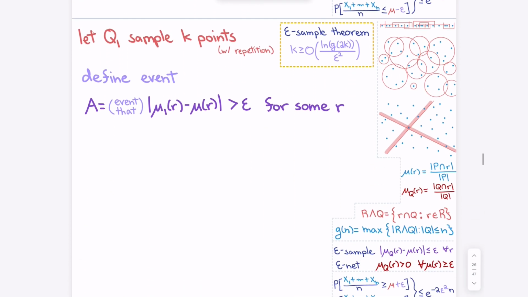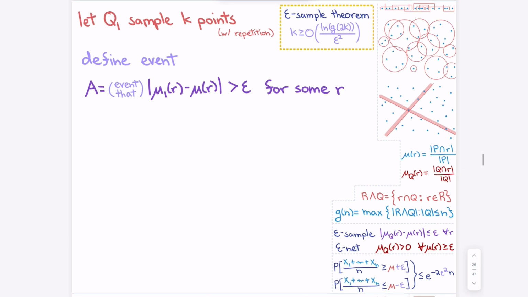So here's something. I think this is a very creative, beautiful result. So here's maybe one point of inspiration. Let's do a second sample of K points, just as suggested. I'll call that Q2.